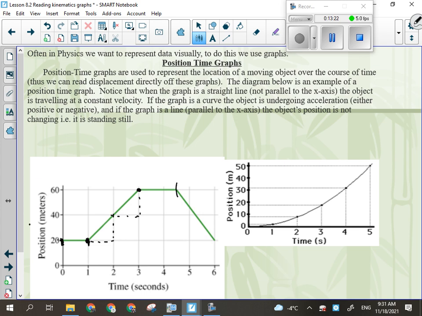All right, what's the object doing between 3 and 4.5 seconds? It stops, right. Its position doesn't change. It stays at position 60 meters for 1.5 seconds. What is it doing between 4.5 and 6 seconds? Moving backwards 40 meters at a constant velocity, right? Okay, there's that level of detail. It's moving backwards, yes.